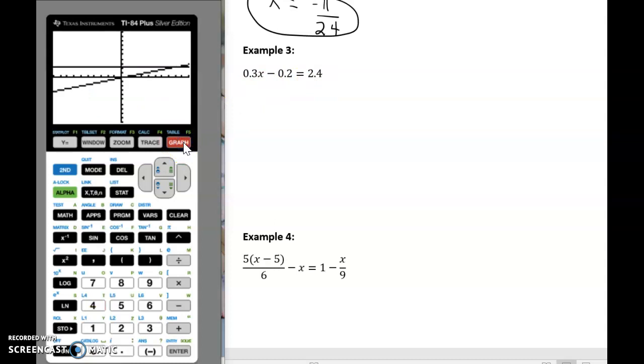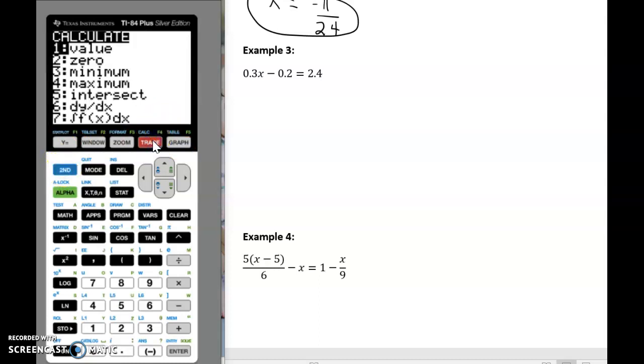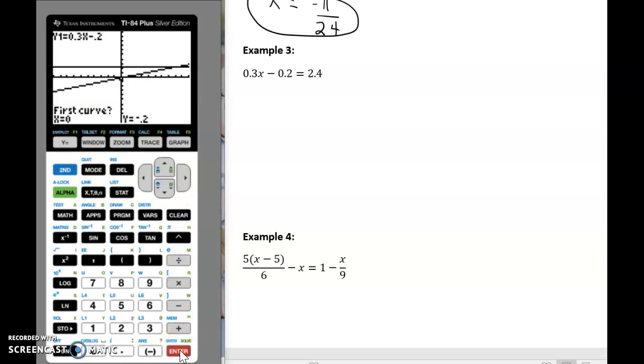And once again, we can see it on the standard viewing window. When the intersection point is on the standard viewing window, it's pretty straightforward. You don't have to do much work. So press second, trace. We want to calculate the intersection point. So I'm going to move my cursor to the right a little bit closer to that intersection point. Doesn't have to be exactly on it, just a little bit closer.